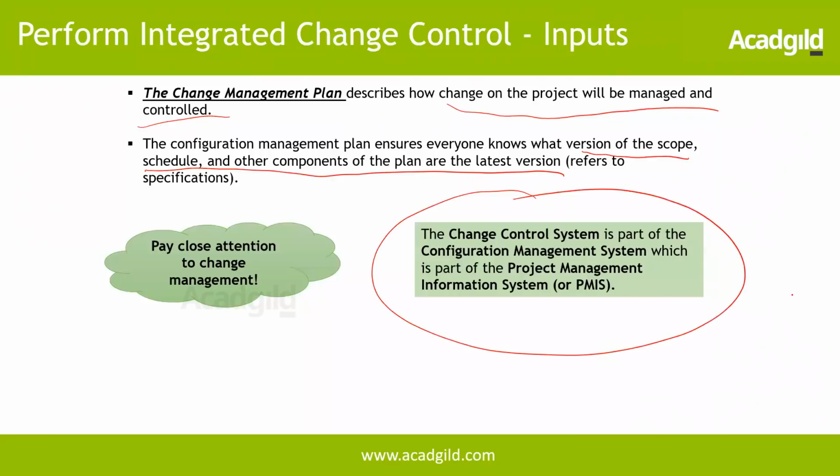So PMIS is the biggest database within which you have a configuration management plan and configuration management system, within which you have the change control system. Change management is going to be very key with respect to handling the project. The project manager needs to pay close attention to the change management processes. So let's look next at the tools and techniques.